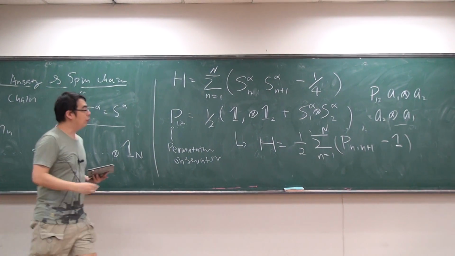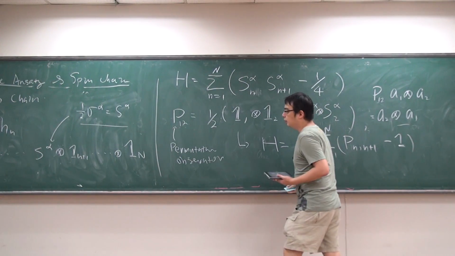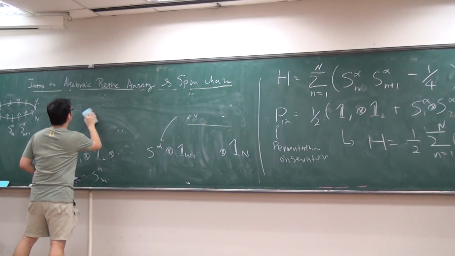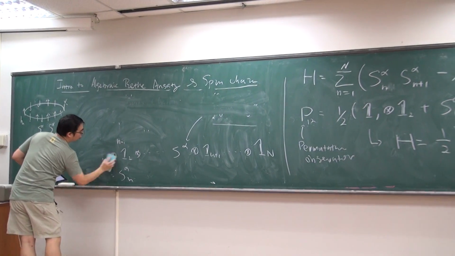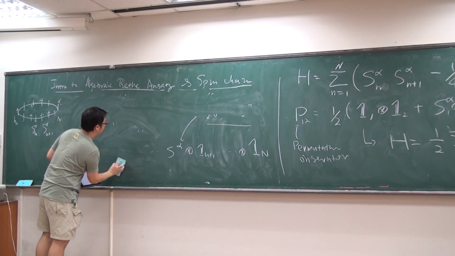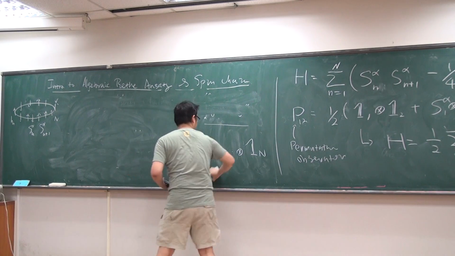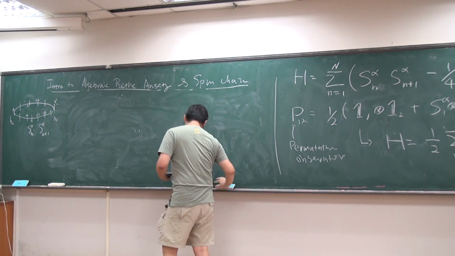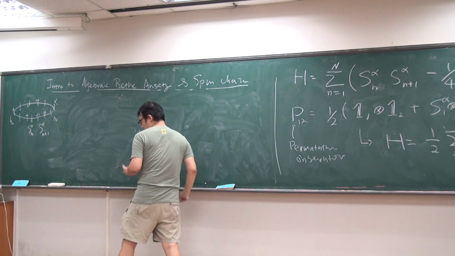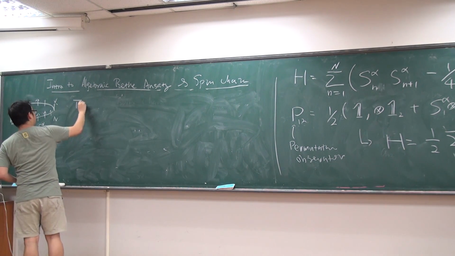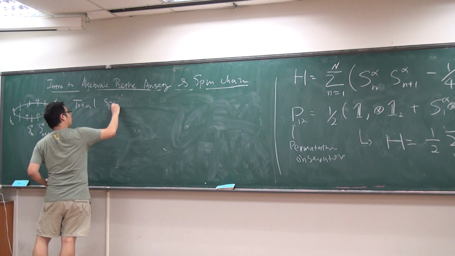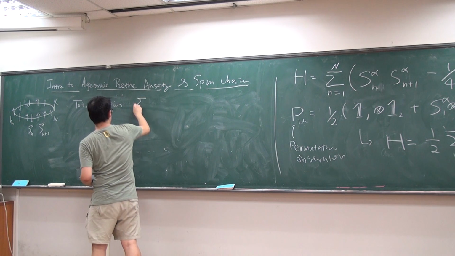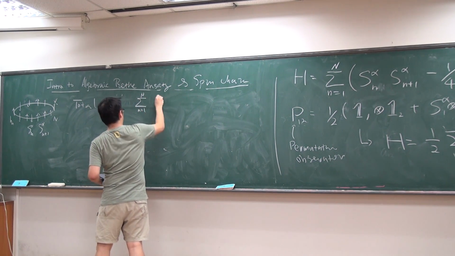Another important observable is, of course, the total spin of our system. For example, the total spin is simply the sum over all the individual spins, over the lattice size.